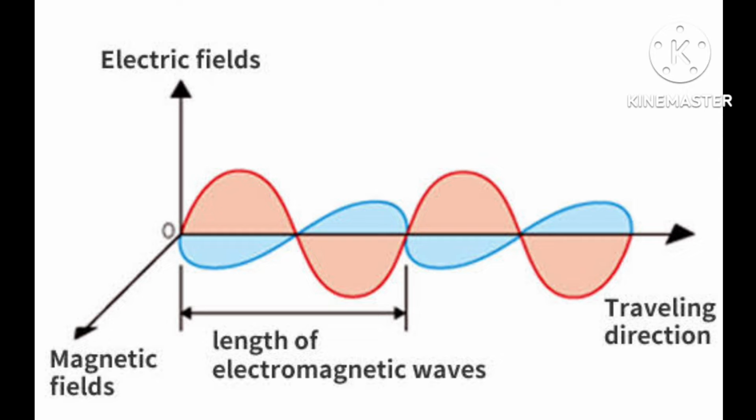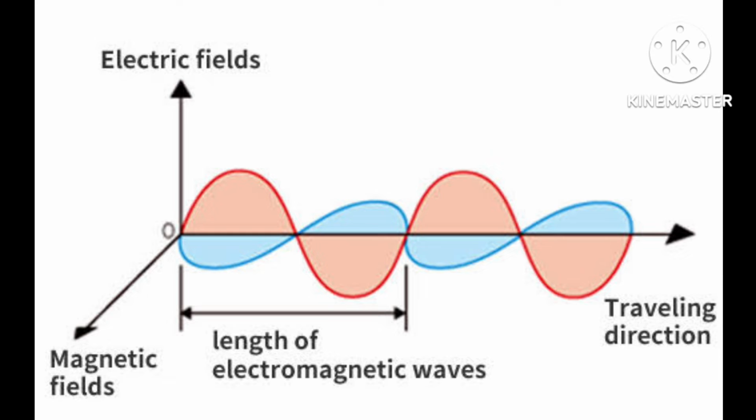Here, what interaction you have to understand: the interaction between the charged bodies and the behavior of electrical and magnetic fields on macroscopic level. Macro means big things, not small.